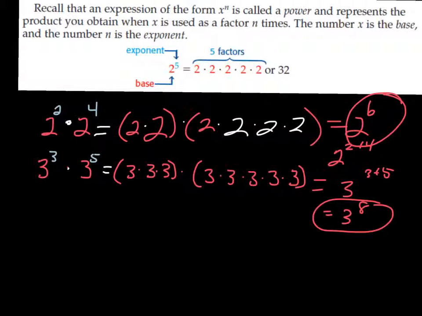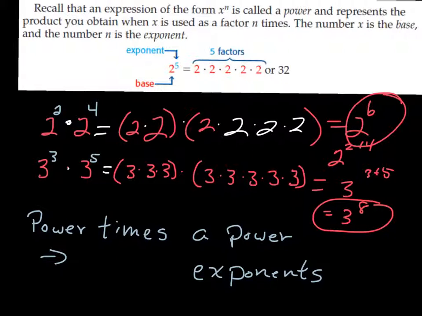Now, I know we could put that in a calculator and evaluate it and get a nice number, but that's kind of not the point. The point is we're looking for the pattern. We could have x's, we could have y's for our base, it doesn't matter. The whole pattern is, if we're multiplying a power times a power, we're going to add the exponents.